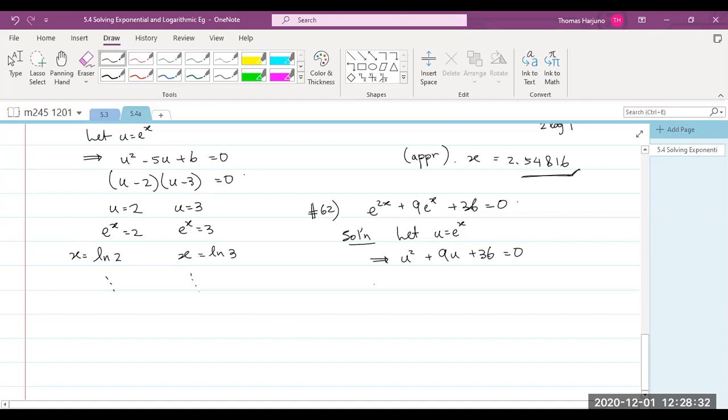The discriminant will be b squared minus 4ac. That's 81 minus 144. That's negative 63, which is less than 0, which implies no real solutions.